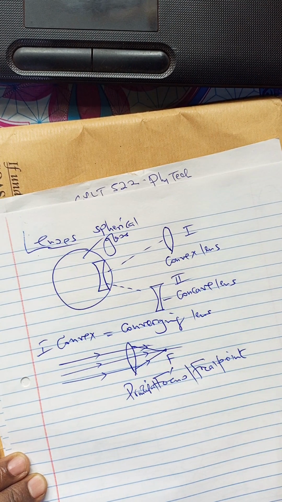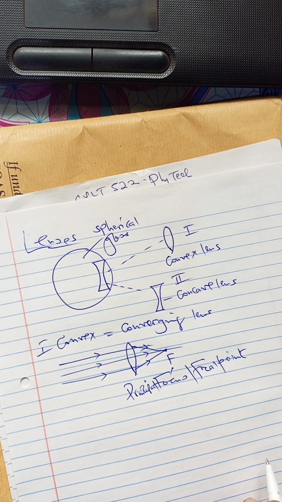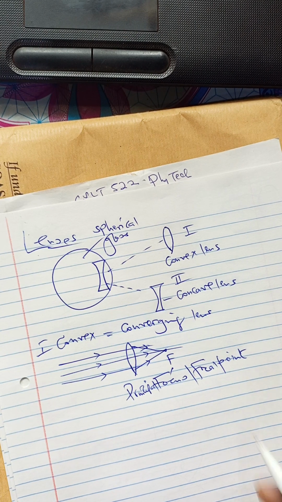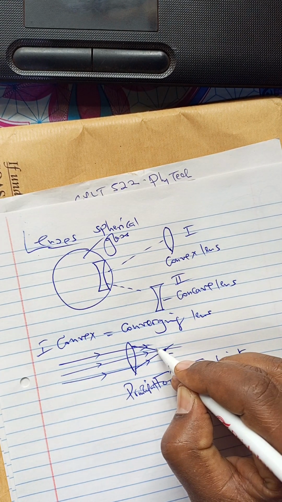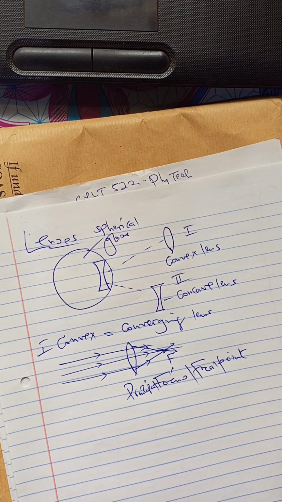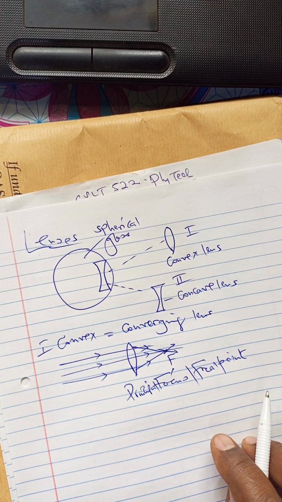So that is why it is called a converging lens, because a beam of parallel rays of light converges or meets at a common point, which is the focal point or the principal focus.